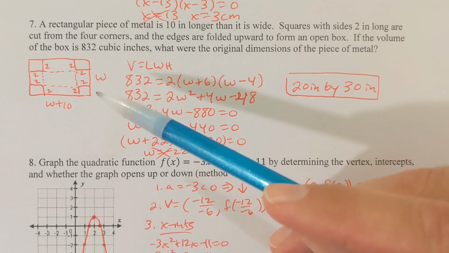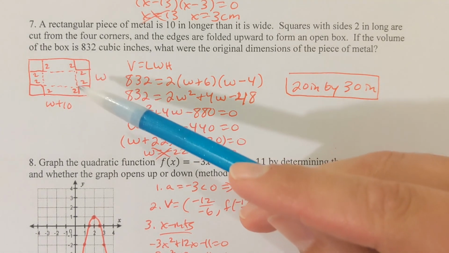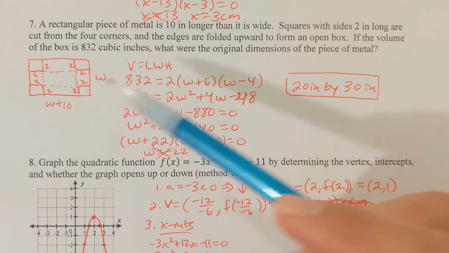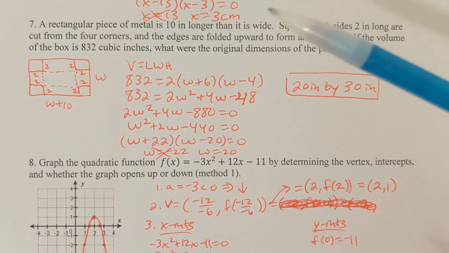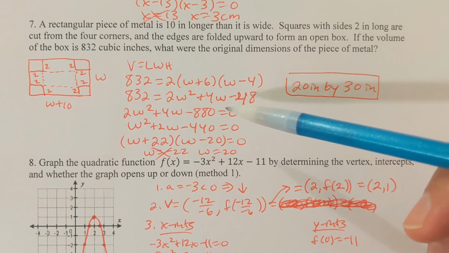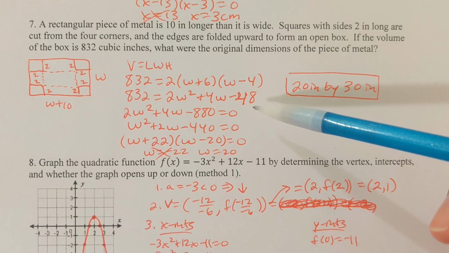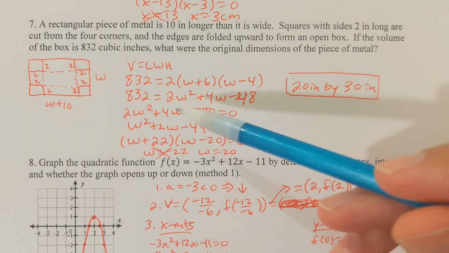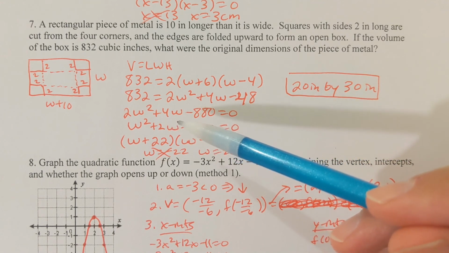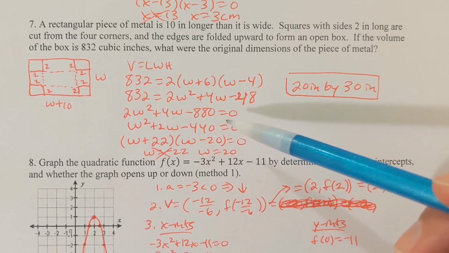And then times the width of the box, I got w is the width of the metal, minus 2 minus 2. w minus 4 is the width of the box. Okay, so 832 is equal to 2 times w squared plus 4w minus 24 times 2. And if I subtract 832 from both sides, 2w squared plus 4w minus 880 equals 0.